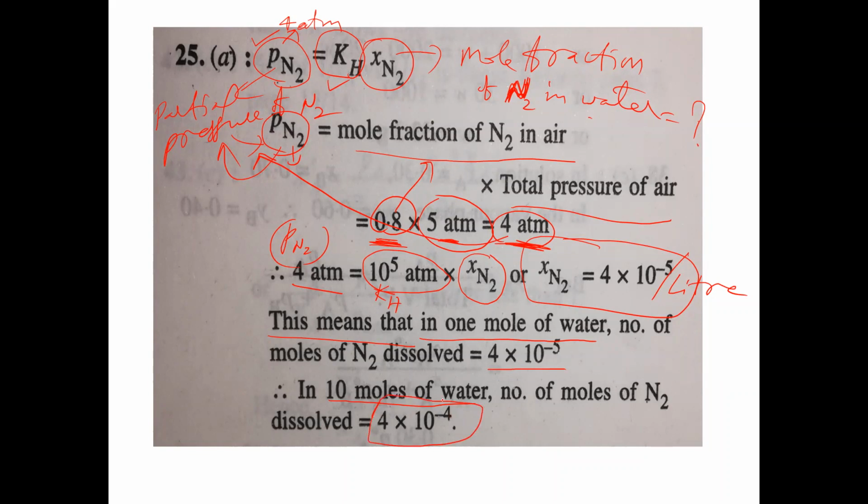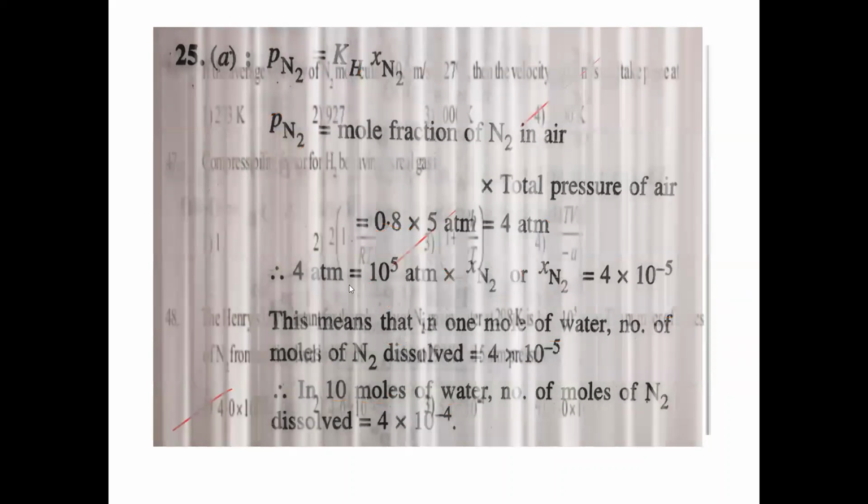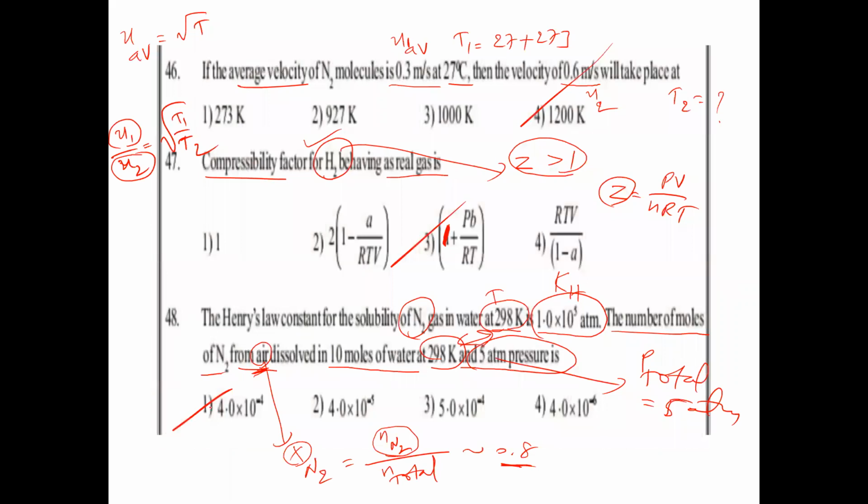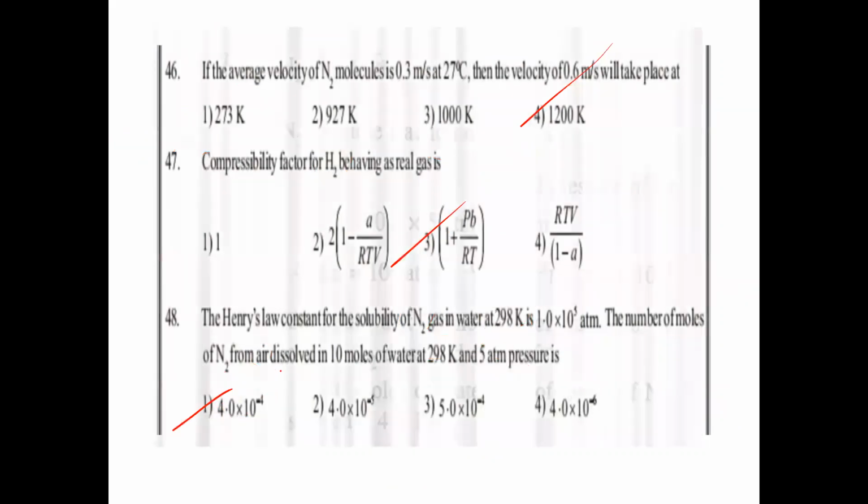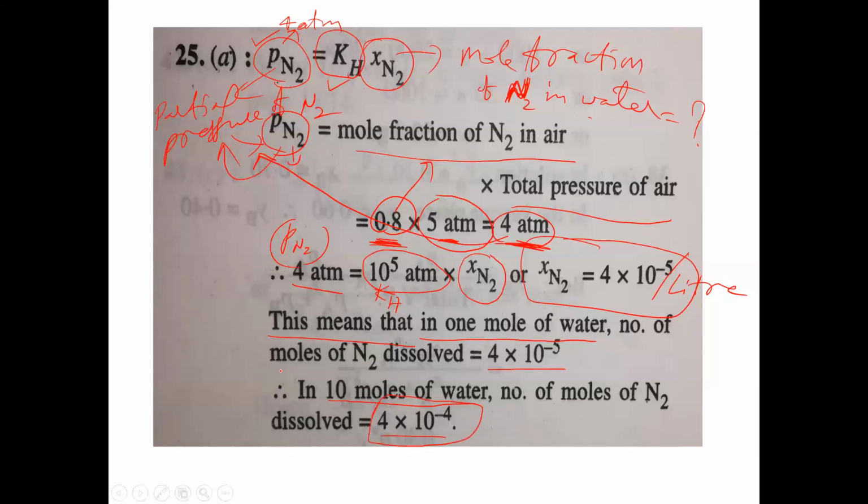So 10 moles of water contains 4 into 10 power minus 4. So the answer is 4 into 10 power minus 4 moles of nitrogen dissolved in 10 moles of water. Is that clear? Take a screenshot of this.